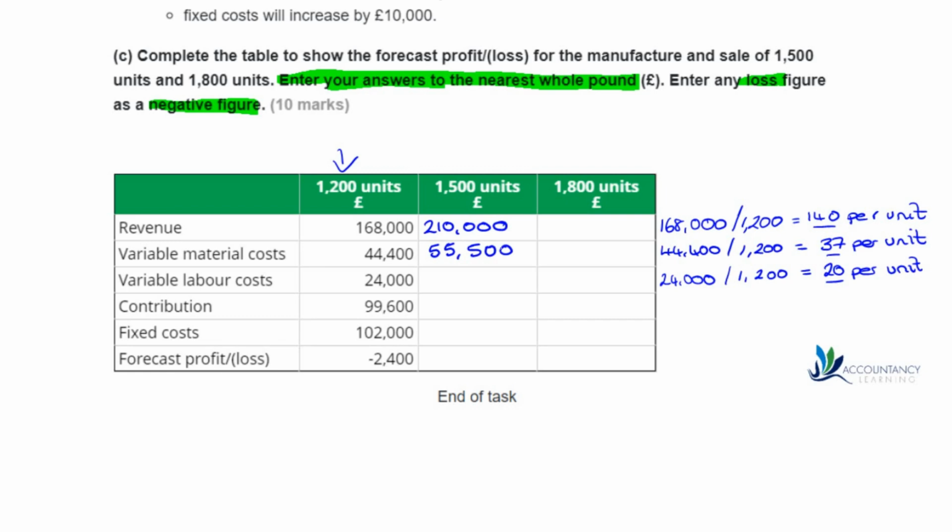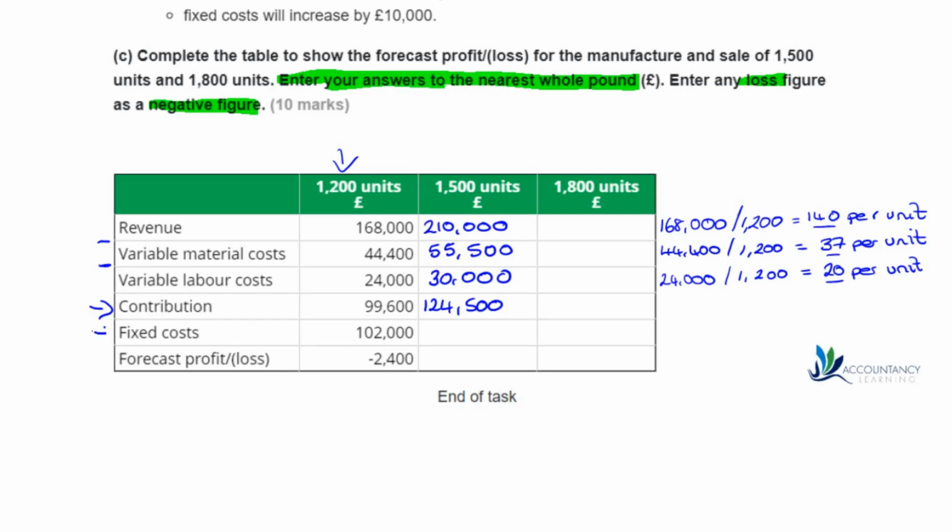Variable labour is 20 times 1500. And then now we need to work out what our contribution is. So our contribution is our revenue minus our variable material minus our variable labour. So when you calculate that, you will have 124,500.